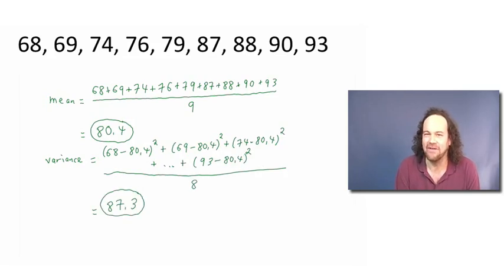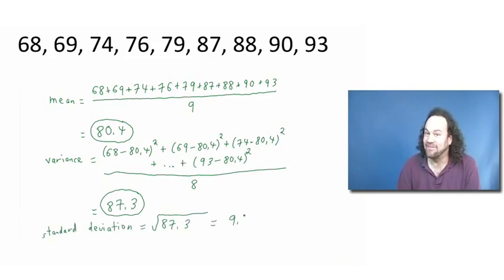That gives us the variance. And then finally, we need to take a square root in order to get the standard deviation. So in this case, in addition to saying that the range of the grades is 25 and that the interquartile range is 14, we can also say that the standard deviation is equal to 9.3.